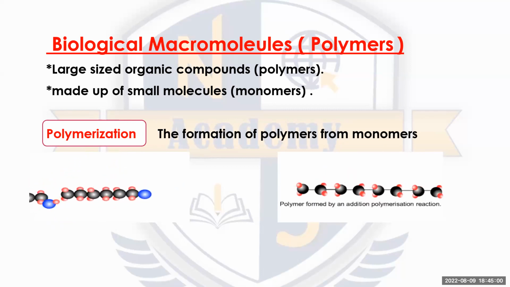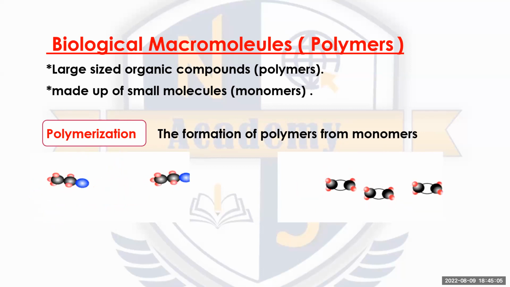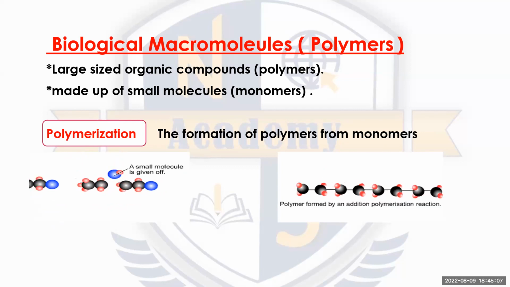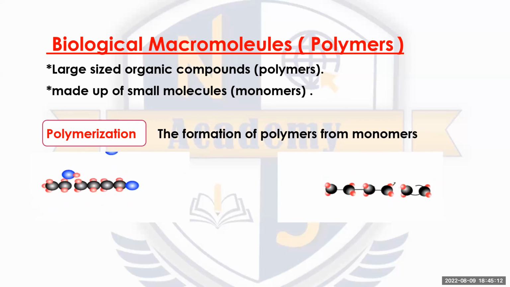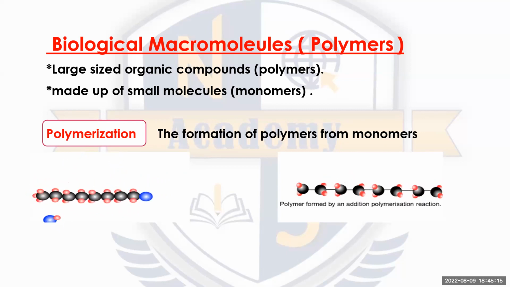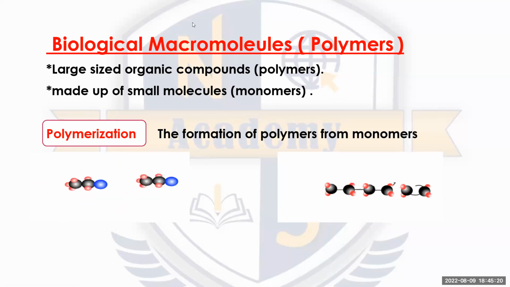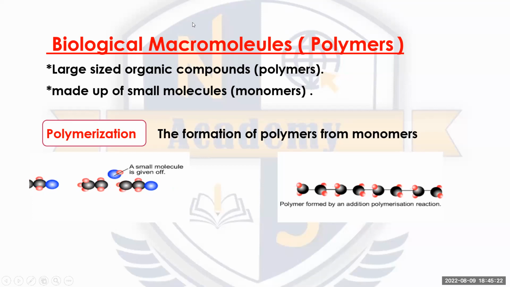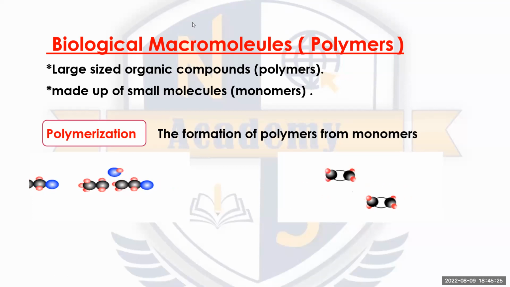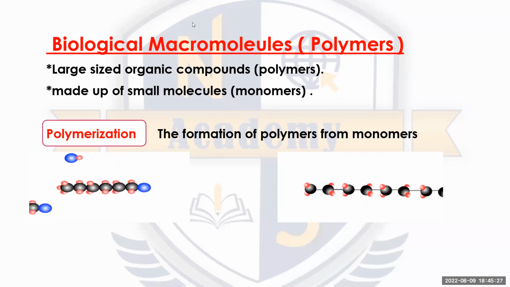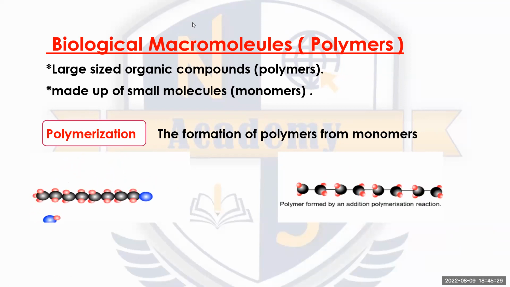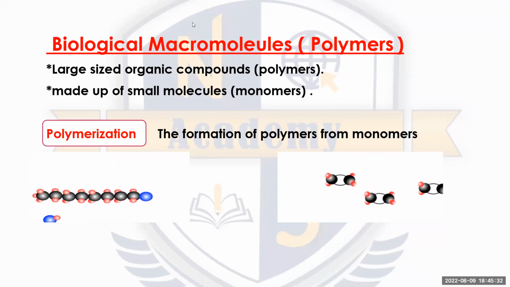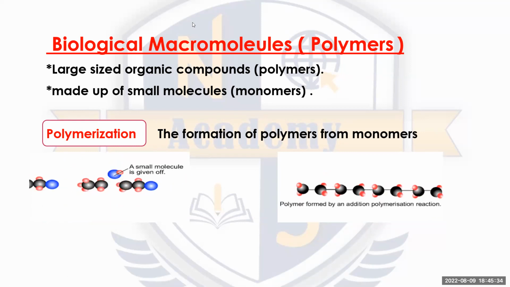We have some new terms. Can you remember how many new terms we talked about till now? We talked about polymers and monomers. What else? We talked about lipids, carbohydrates, proteins, which are common expressions.